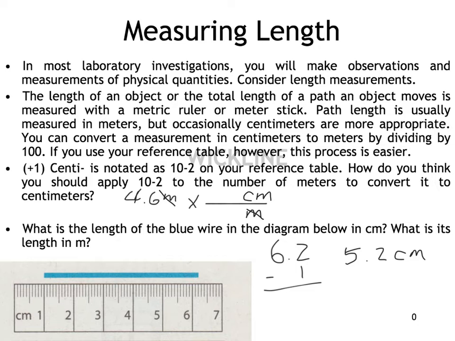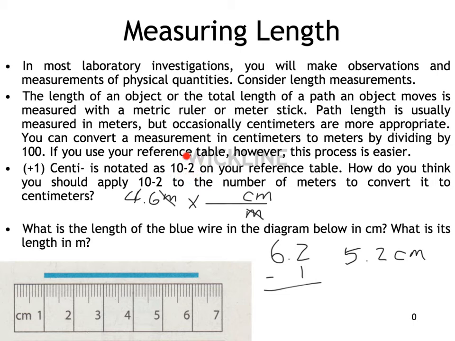Now, in this area right here, I need to have a couple of numbers that make sense, like how many centimeters versus how many meters. So this is going to be the number that you're going to use. So 10 to the negative 2 is centi, and that means it's a number less than 1. So that means that you've got 10 to the negative 2 meters in every centimeter.